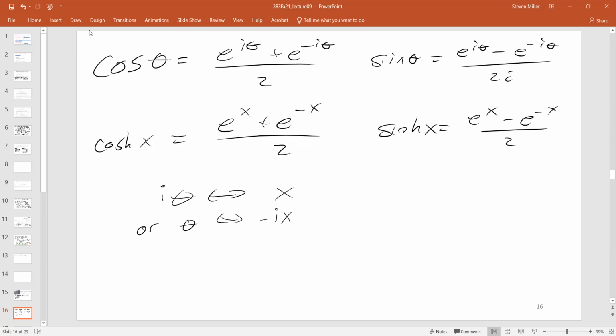Now I could do it either way. And so if I ask you, what is the cosine of i theta? What would that be? It would be the hyperbolic cosine of theta. Yes.